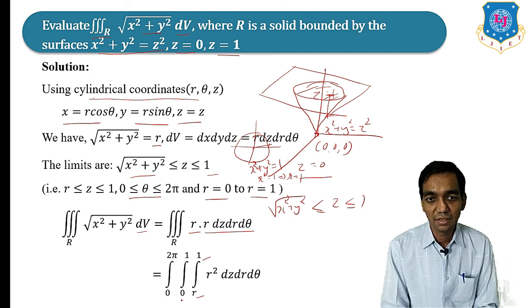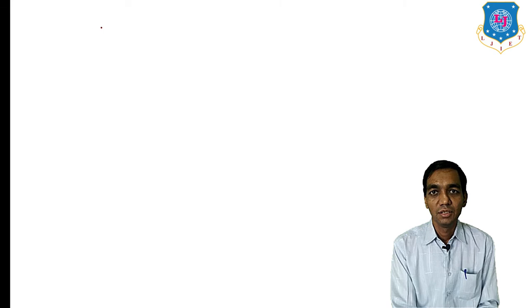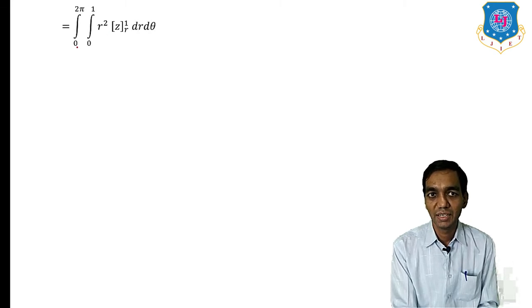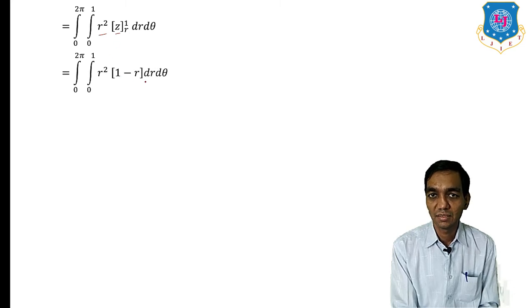Second limit is of r, starting at 0 ending at 1. Third limit is for theta, starting from 0 ending at 2 pi. So first integration is with respect to z. So double integration 0 to 2 pi, 0 to 1, r square constant and integrate dz, which gives z, where the limit is from r to 1, dr d theta. Now substitute the limit, so that will give you r square into 1 minus r.